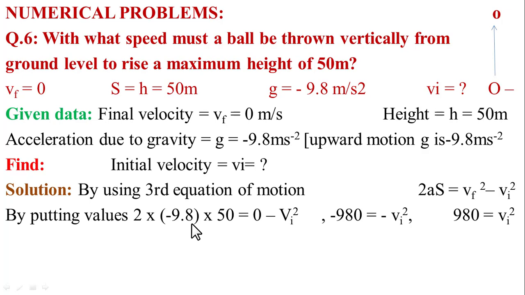Here acceleration is equal to gravitational acceleration. Multiply by S is 50 is equal to 0 minus Vi square.